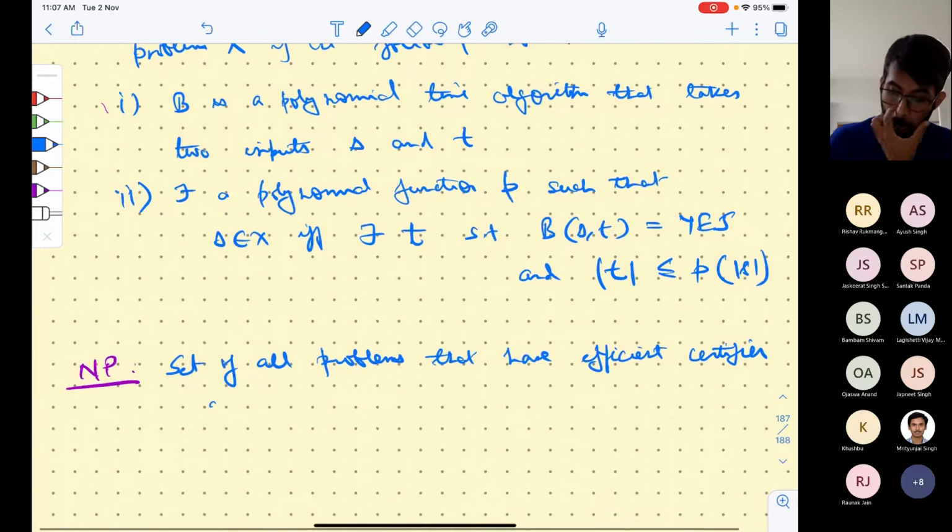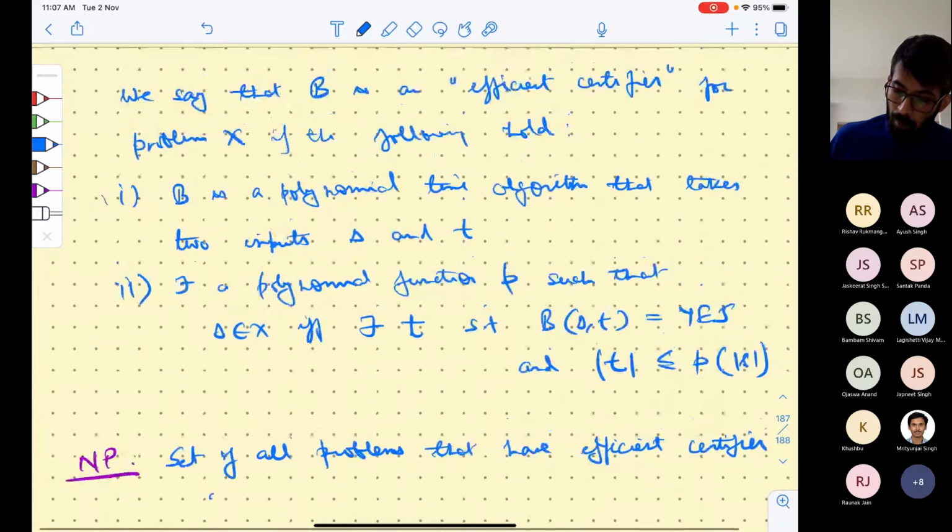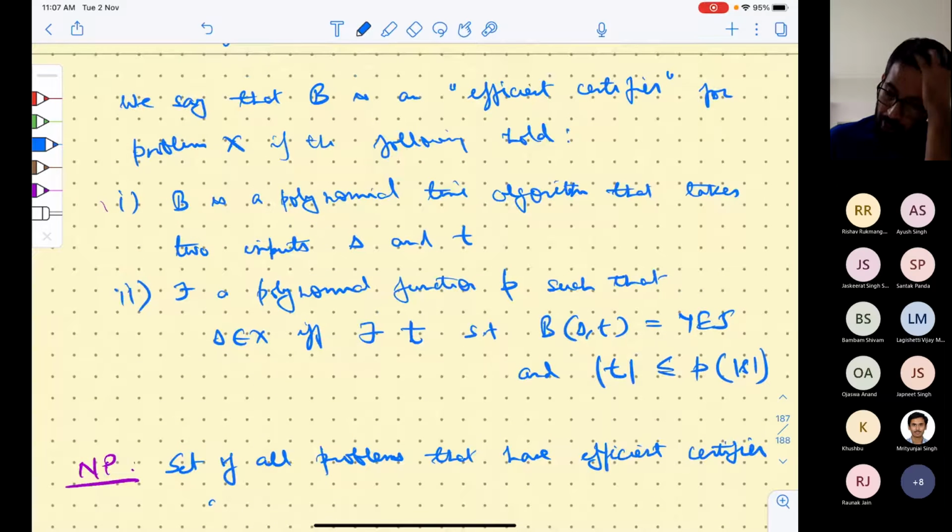Okay, good. So let's go through the definition once more and see what it is trying to say. What is an efficient certifier? It works in polynomial time, and given a certificate and the problem instance, it can see whether it is really a certificate or not. In polynomial time, it will verify whether this certificate works for this problem or not.